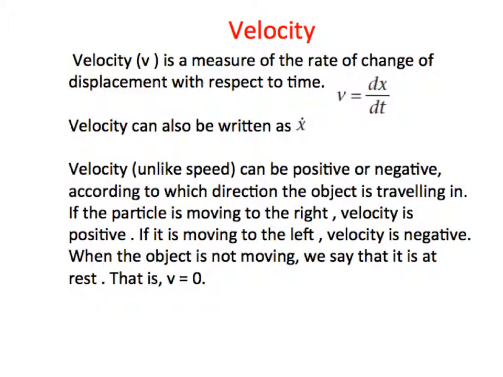It can be positive or negative depending on which direction the object is travelling. So if the particle is moving to the right, the velocity is positive, and if the particle is moving to the left, then we say the velocity is negative. And when the object is not moving, we say that it is at rest. And when a particle is at rest, that means velocity is equal to 0.